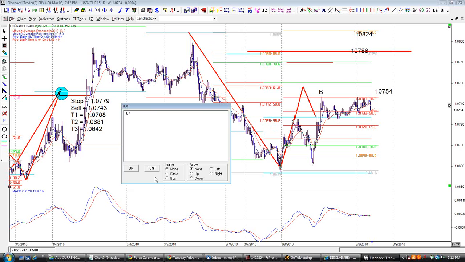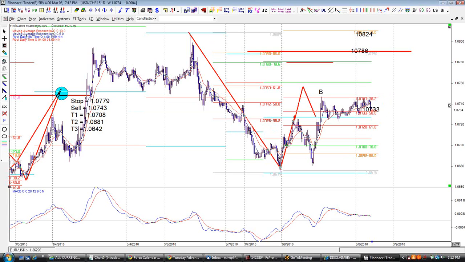Let's see where the pivot point is. 0733 is a good limit. 107.33 is giving us better risk reward.